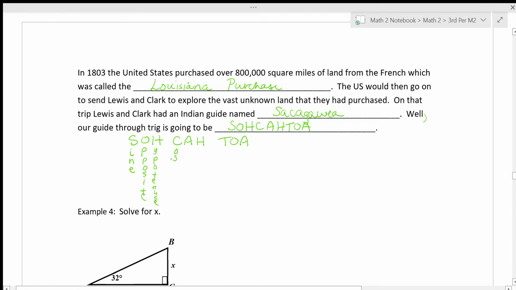C stands for cosine, which is adjacent over hypotenuse. And then the third one is tangent, which is opposite over adjacent.